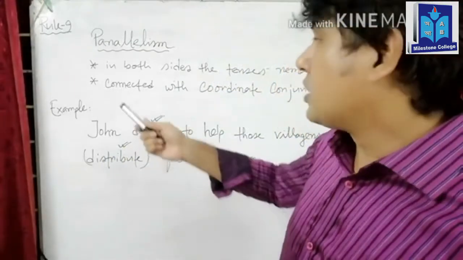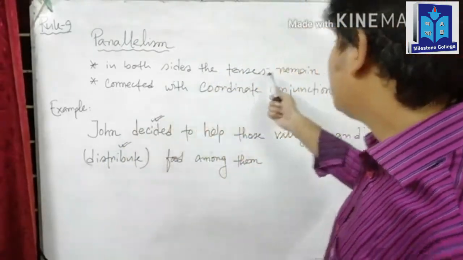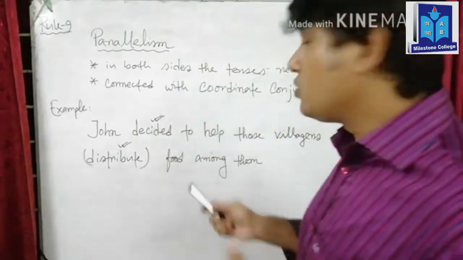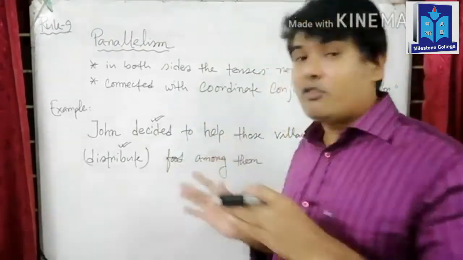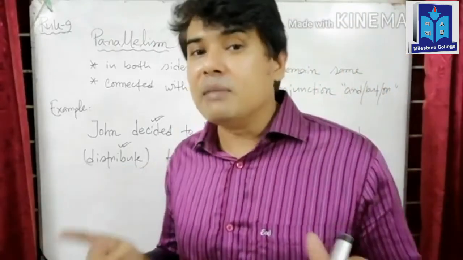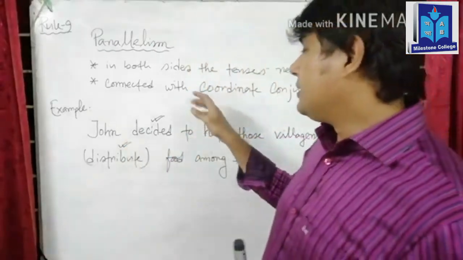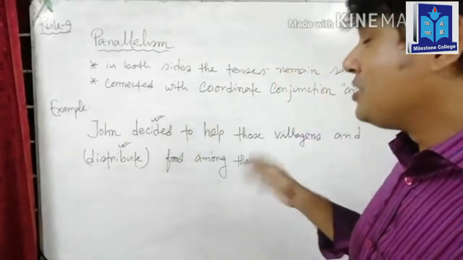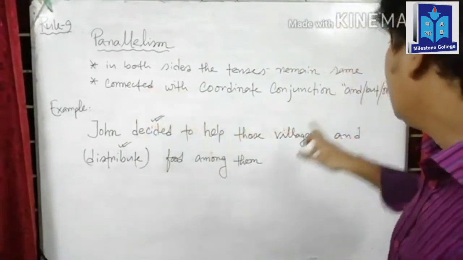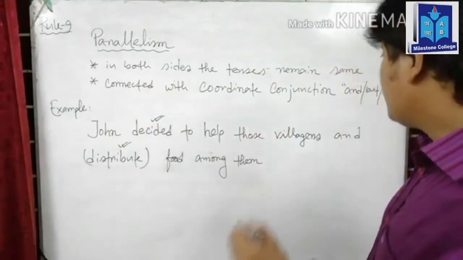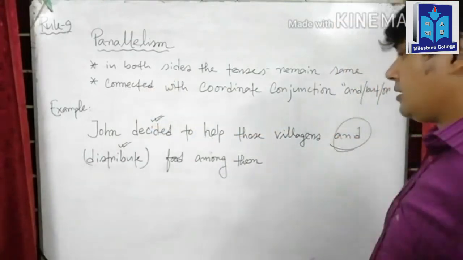Well, now see the structure. In both sides the tenses remain the same. That means whenever we get this kind of sentences, the tense of both these sides will be the same. Number one, this sentence is connected. How is it connected? Connected with coordinate conjunction and, but, or, as we see there, and.